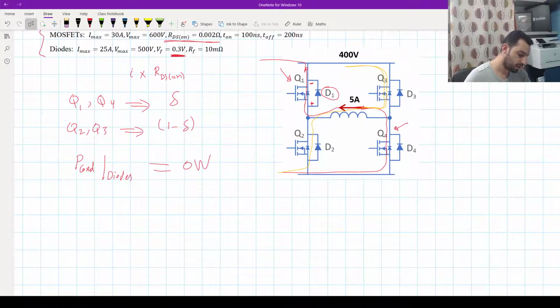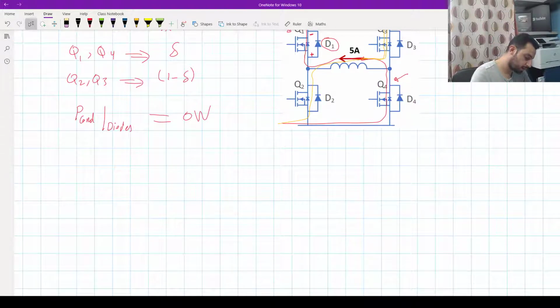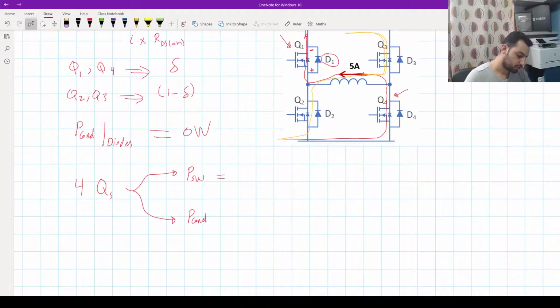Now we have 4 switches, which are the MOSFETs. They will conduct and switch. Q1 to Q4 have switching losses and also conduction losses. The switching losses are similar for all MOSFETs because they are not dependent on delta.